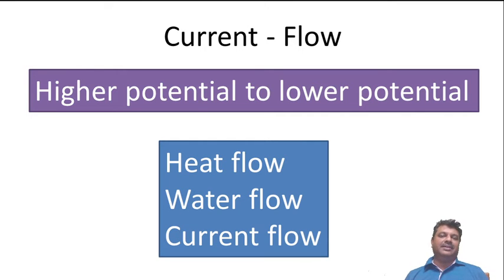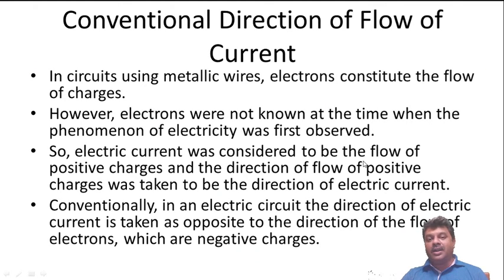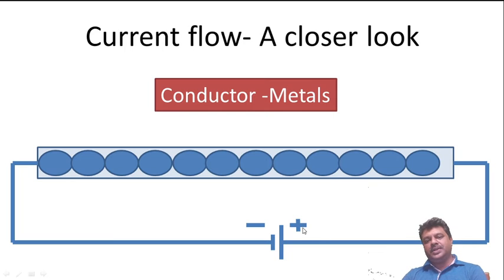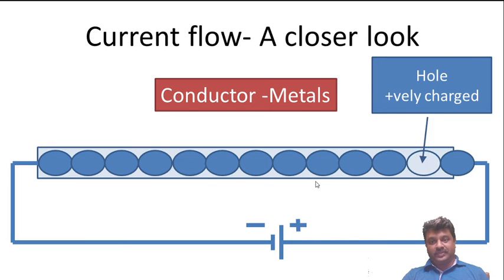Similarly, current flows from high potential to low potential. So people believed in this flow idea, and they thought that the electric current was flowing from the positive terminal to the negative terminal. That was their thought process.